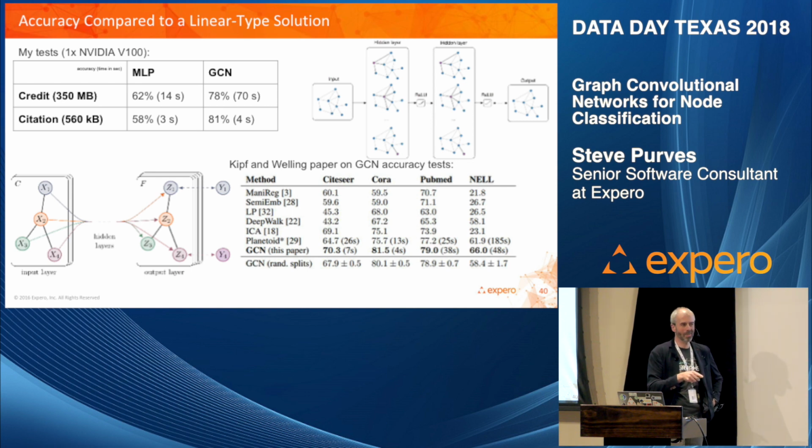So we've got some explaining to do. But the citation network that Kipf used, we put through our MLP as well, and also the GCN, and we got 81%, which we were quite happy with, because we're agreeing with Kipf's results published in his paper. So our code lined up.